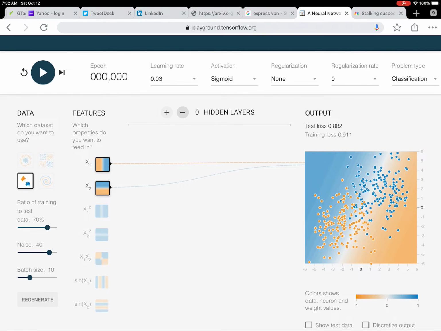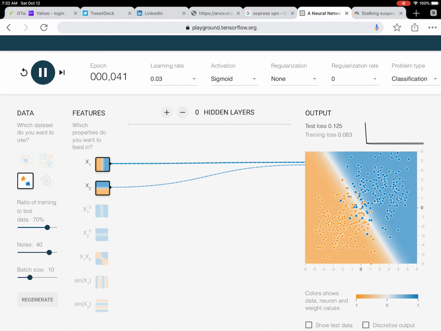In this particular case, I'm just going to start by pushing the play button, and you'll notice that very quickly the test loss and training loss have converged. The training loss has become 0.08. The test loss is 0.127.